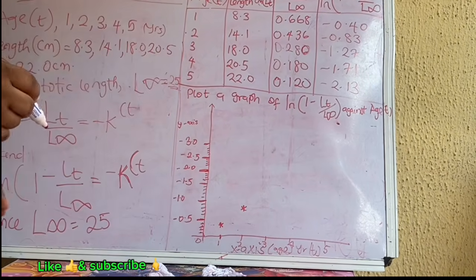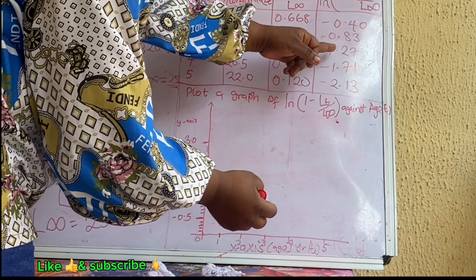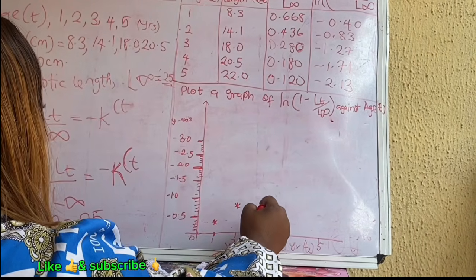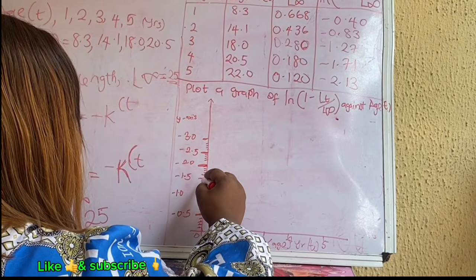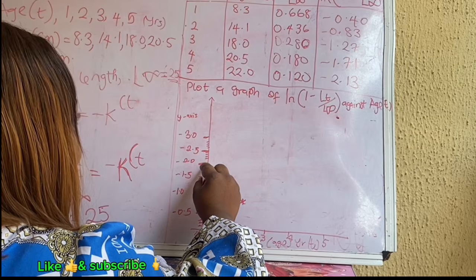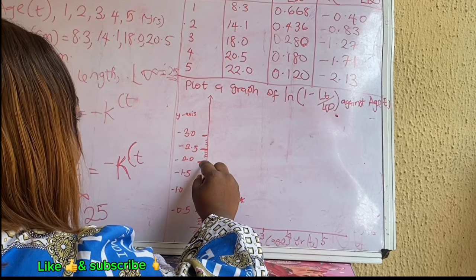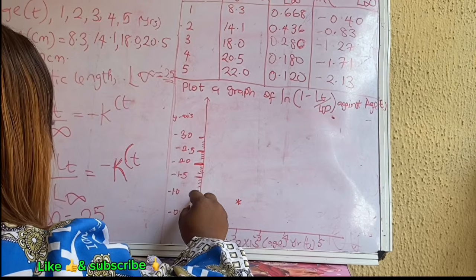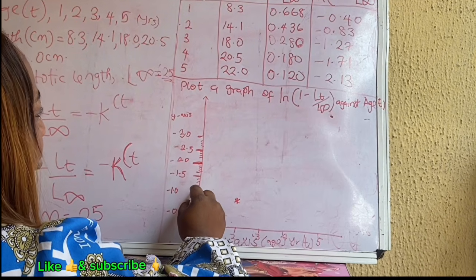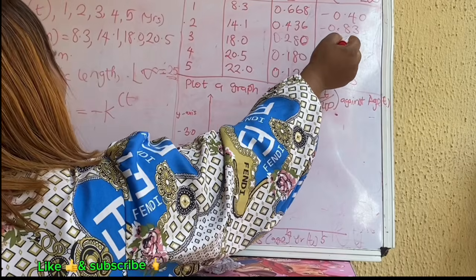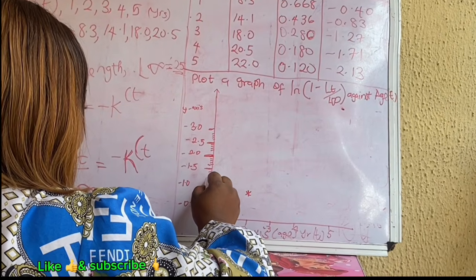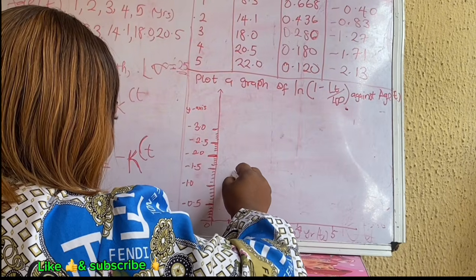Somewhere here. Then in age 3 you have minus 1.27. So you trace it, age 3, 1.27. This is 1.1, 1.2, so invariably you can approximate to be 1.3. So this is 1.1, 1.2, 1.3, somewhere here.